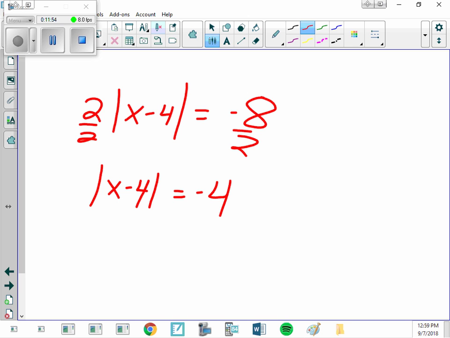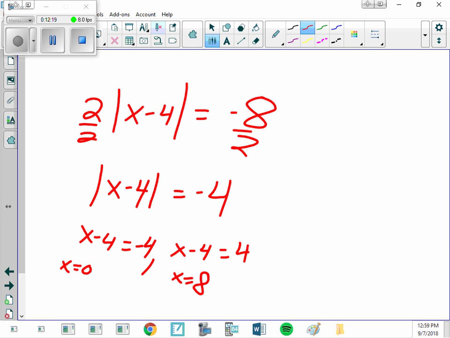Can't do it. Why can I not do it? Can an absolute value equal negative 4? No. But if you split it, you're going to get answers. So if I split it into x minus 4 equals negative 4, and x minus 4 equals positive 4, add 4, I get x equals 0, add 4, and I get x equals 8.